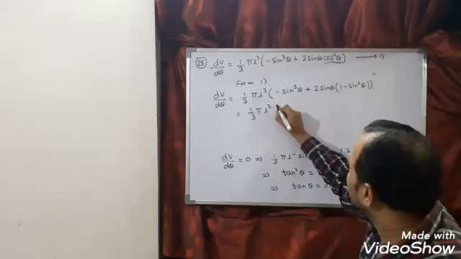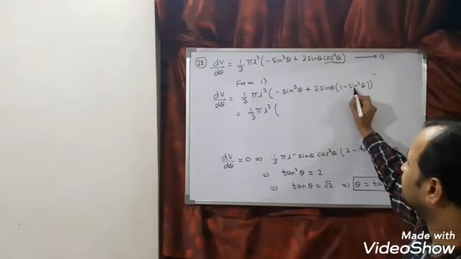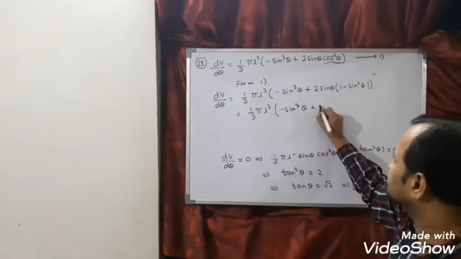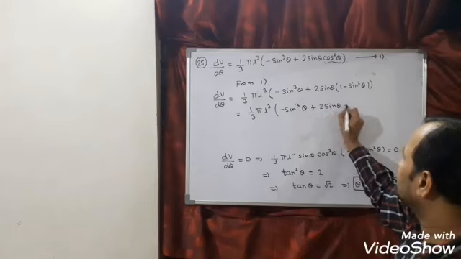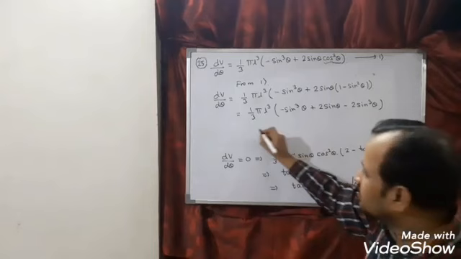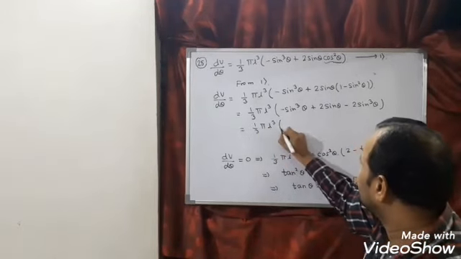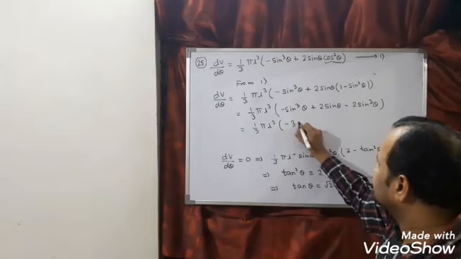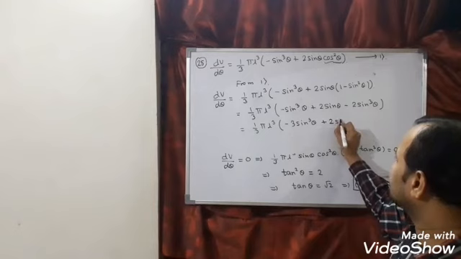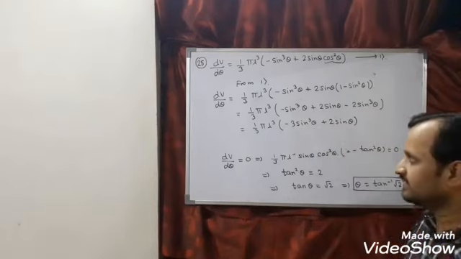Now tell me this. So 2 sin theta, and this, how much? So this I can say minus sin cube theta plus 2 sin theta minus 2 sin cube theta. Now simplify 1 by 3 pi L cube. Now this I can say how much? Minus 3 sin cube theta plus 2 sin theta. So this is the simplified form of dV by d theta.